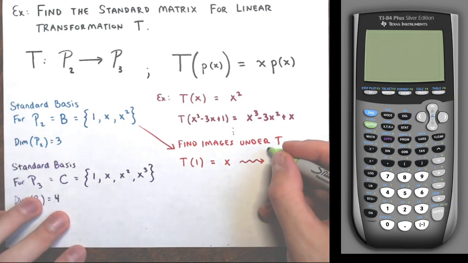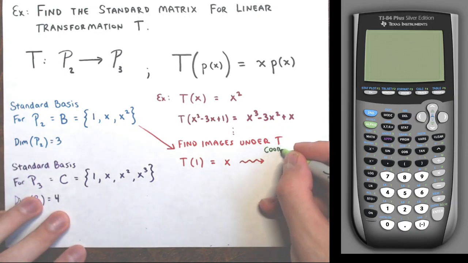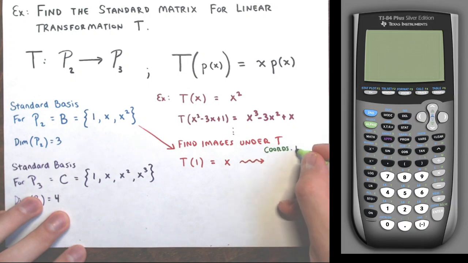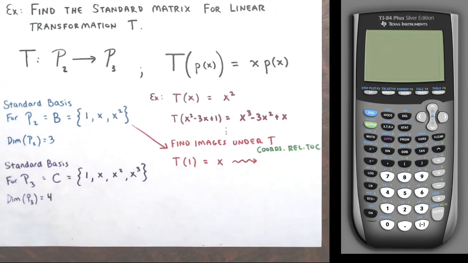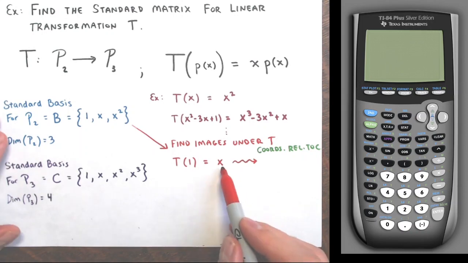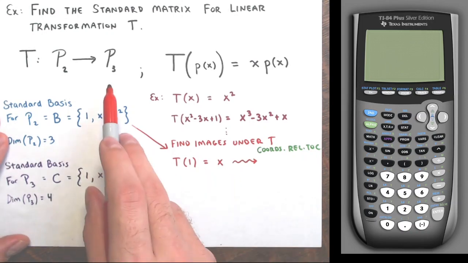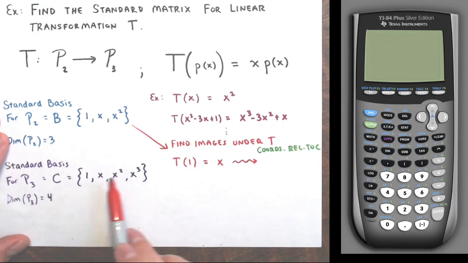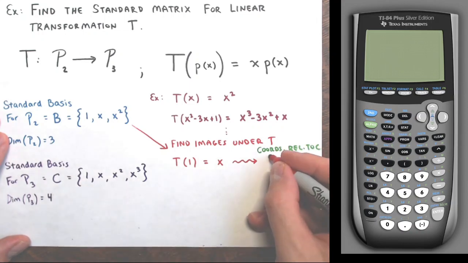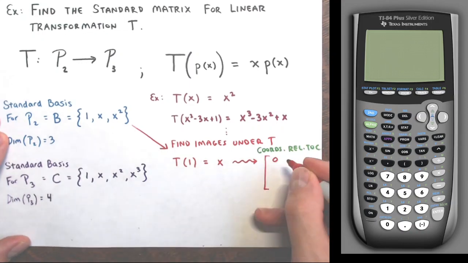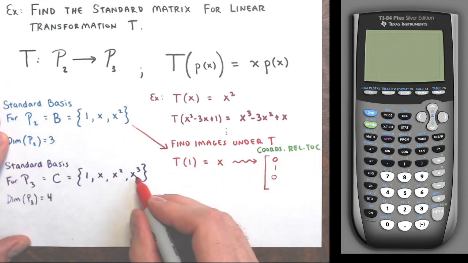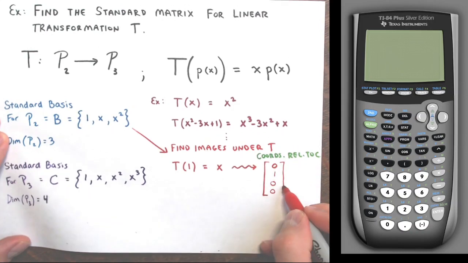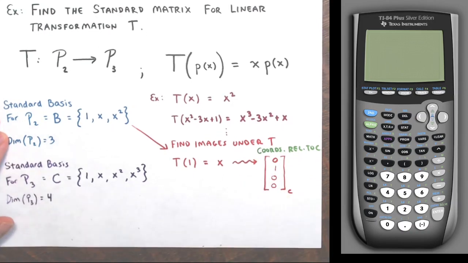Over here, I'm going to have the coordinates relative to C. So x, now the basis C here for P3, this is 1, x, so it's 0 times 1 plus 1 times x, and then there's no x squared, there's no x cubed. There's the coordinates of that vector relative to C.